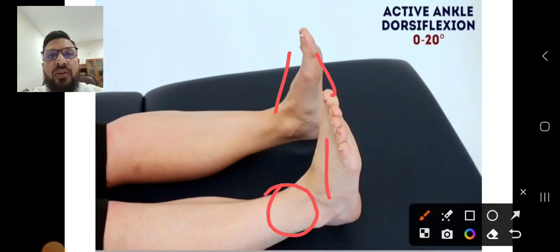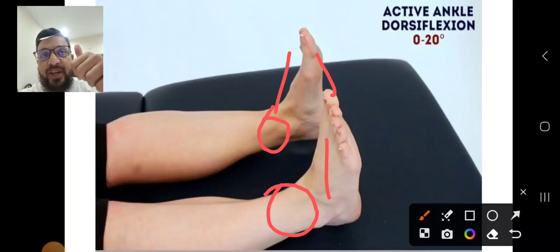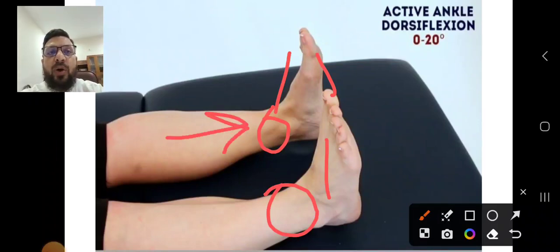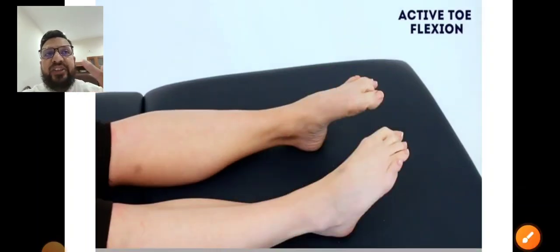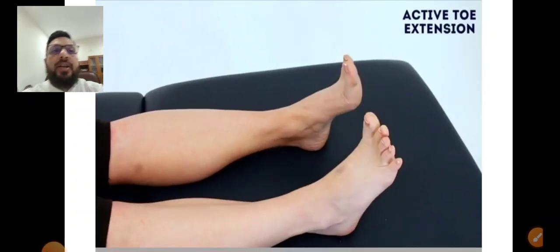But don't forget to put your other hand near the ankle joint. I have told you, for two purposes: to feel for crepitus and to stabilize, so that the patient cannot use his leg power to push your hand. So this is how active dorsiflexion as well as plantar flexion is done.